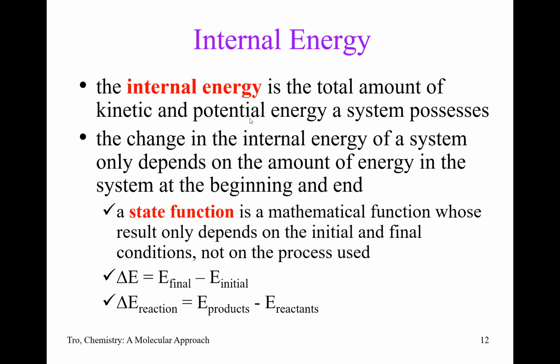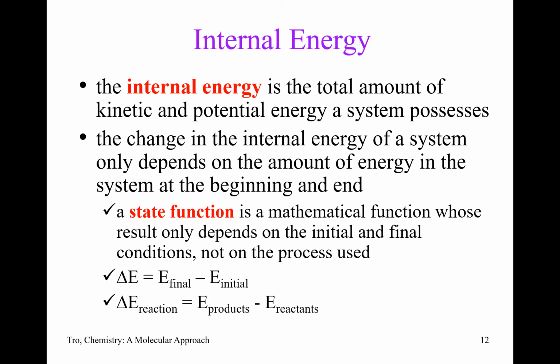Internal energy is the amount of kinetic and potential energy a system possesses, so essentially total energy. The change in internal energy of the system only depends on the amount of energy in the system at the beginning and the end, which means final and initial, so reactants are the beginning and products are the end. You may have seen this term before, depending on the math or physics that you've had: a state function.